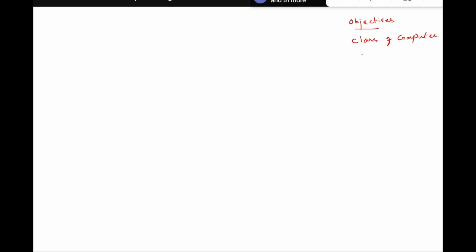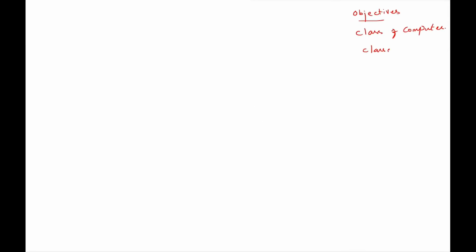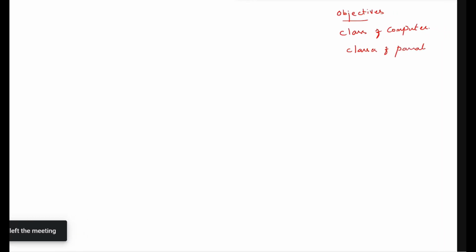Yes, ma'am. Okay. So we will just go with the syllabus today. Today's objective: we will see the classes of computers, so what are the different classes of computers that are available, and the different classes of parallelism that can be done in applications.